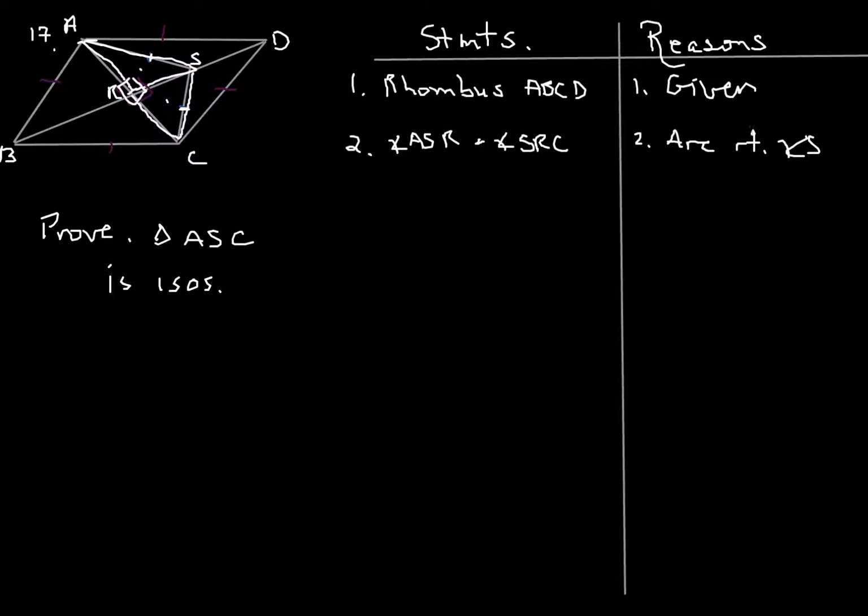I shouldn't have skipped a step. Let's go back, sorry. Let's say that AC is perpendicular to BD, because diagonals are perpendicular.